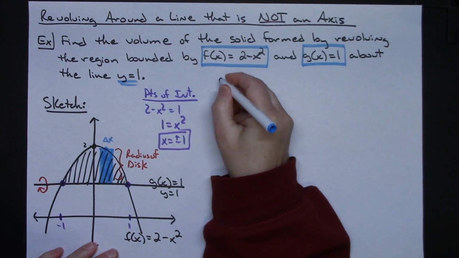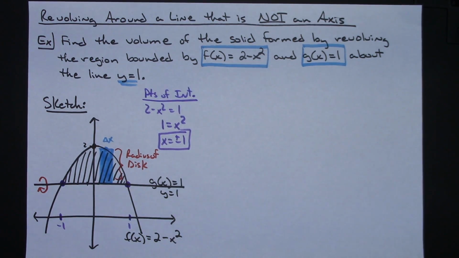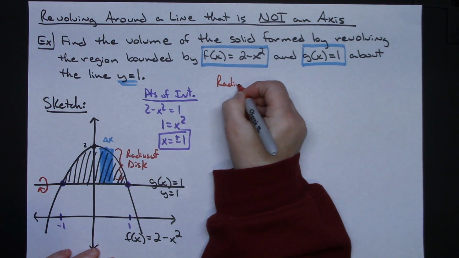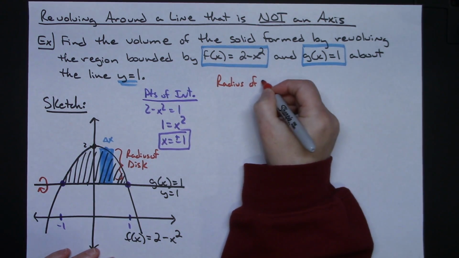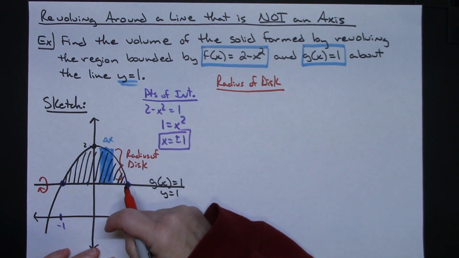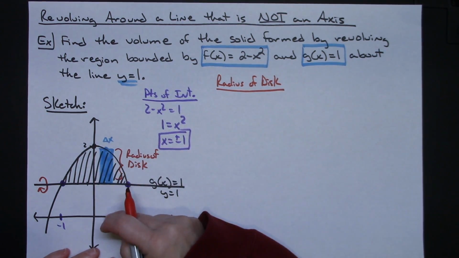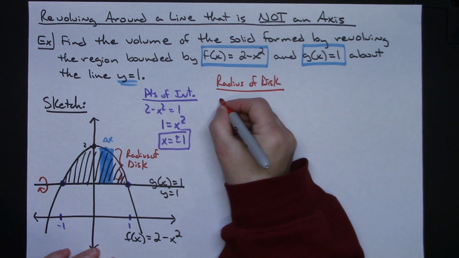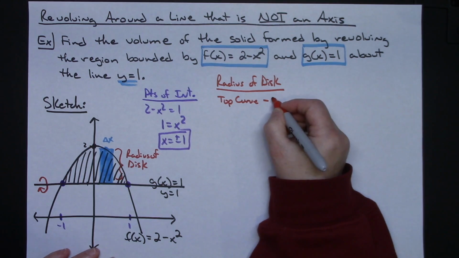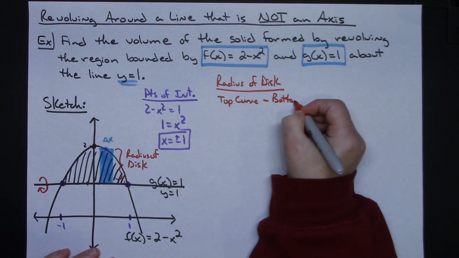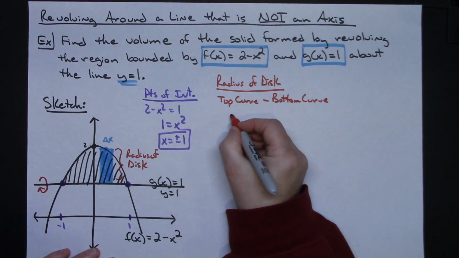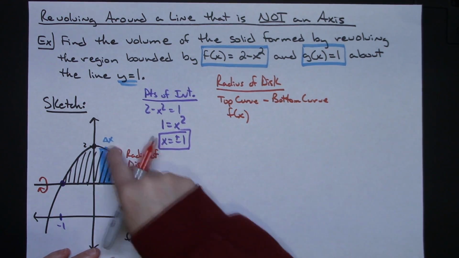So, let's do it in red, calculating the radius of my disk. I need to take the distance to the top curve minus the distance to the bottom curve. So, top curve minus bottom curve. My top curve is my f of x, because that's the parabola.